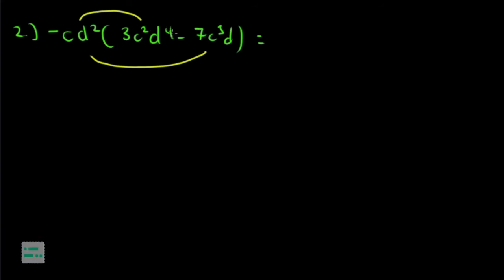Unahin yung numerical coefficients. This is 3. Pero itong negative cd squared, meron lang 1 na numerical coefficient, pero note the sign, it is negative. You know that if we multiply a negative number by a positive number, alam natin na negative product. So now we just multiply the numbers. 3 multiplied by 1 is 3, negative 3 na yung coefficient. Then, doon na tayo sa variables.